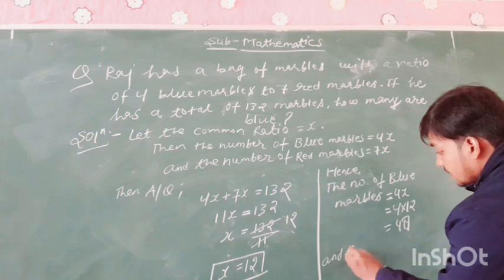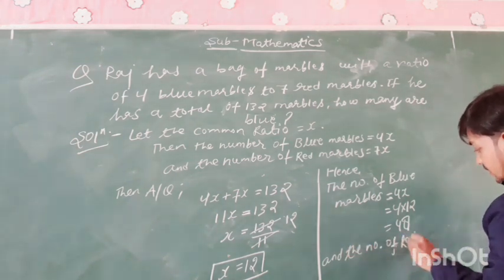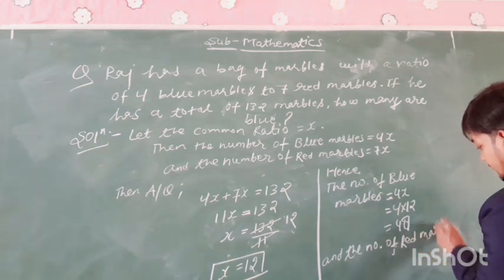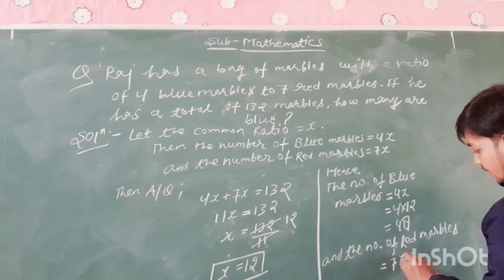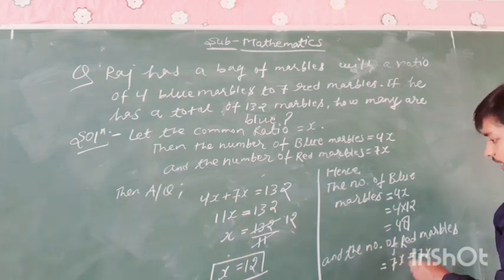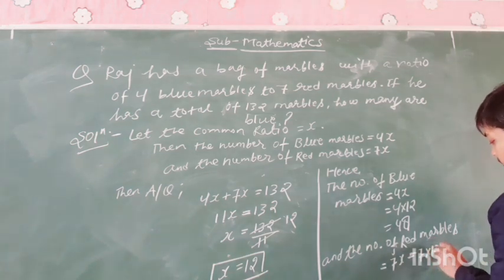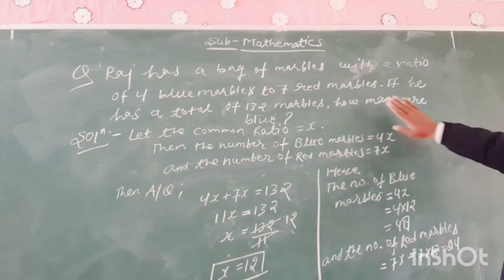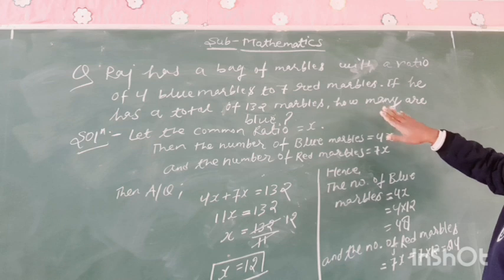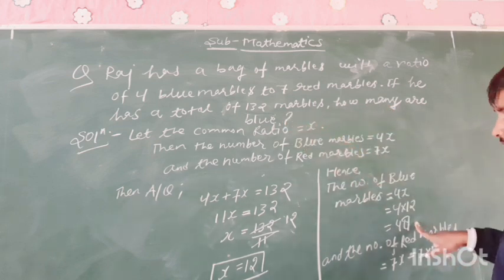The number of red marbles is equal to 7x. Here 7 into the value of x, which is 12, 7 into 12 is 84 marbles. We have to tell in the problem how many are blue marbles. Then the number of blue marbles is 48.